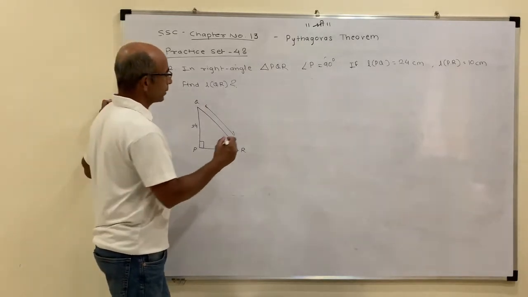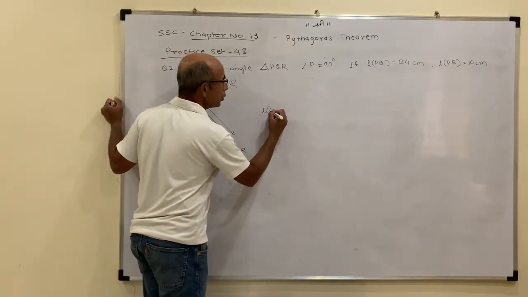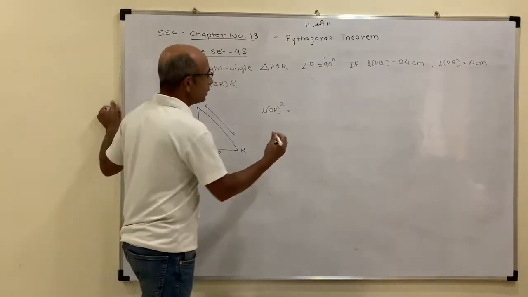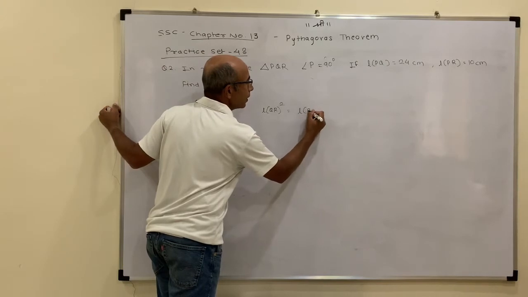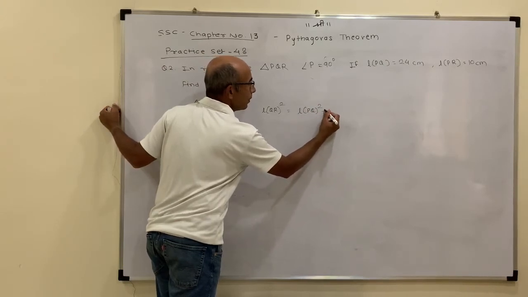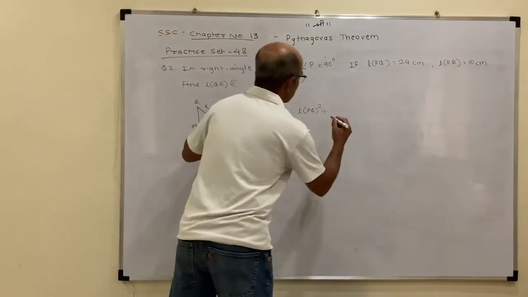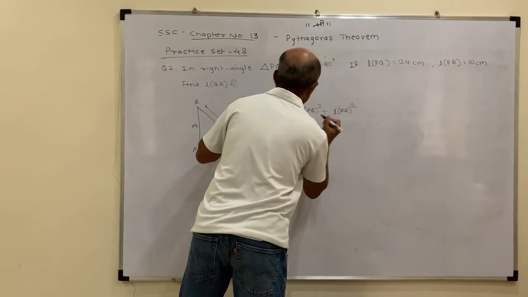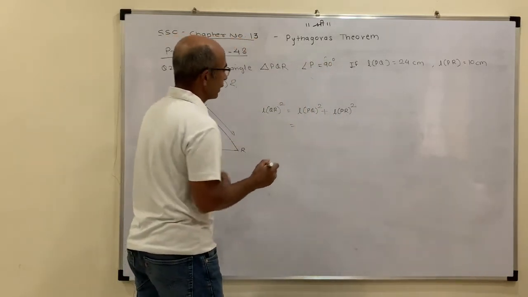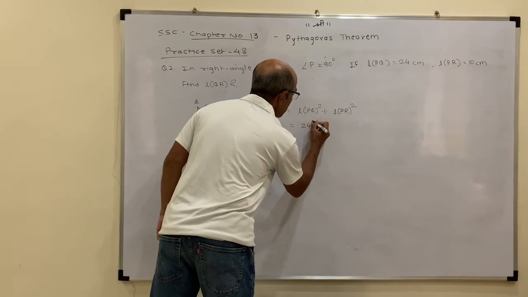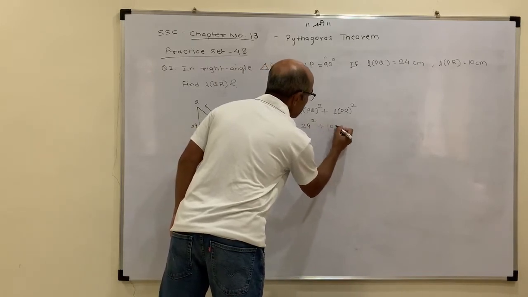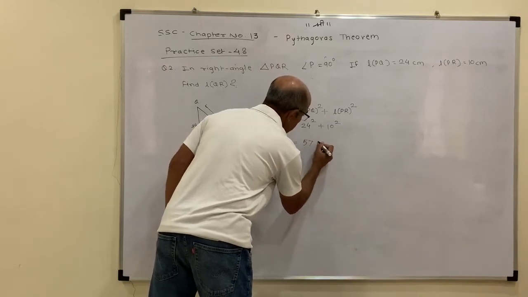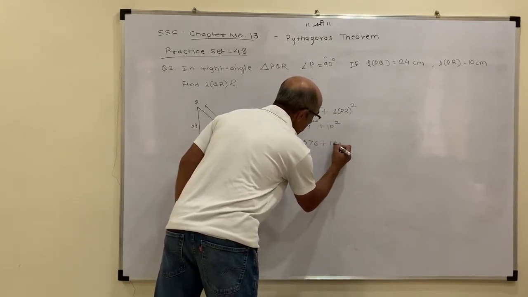So according to Pythagoras, what happens? Length QR square equals length PQ square plus length PR square. PQ is 24. So 24 square, PR is 10 square. 24 square is equal to 576 plus 10 square 100.